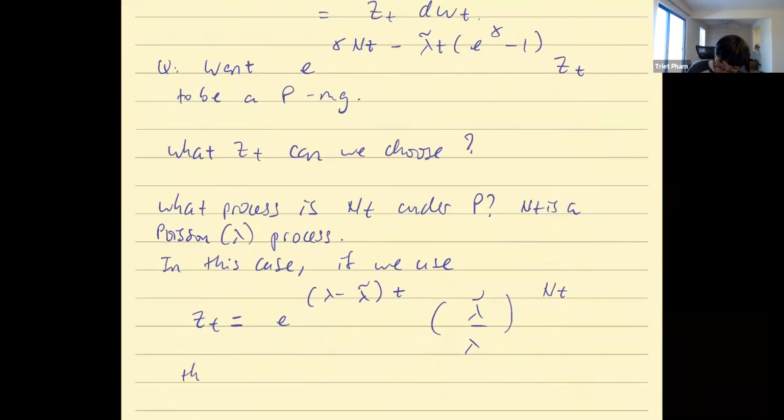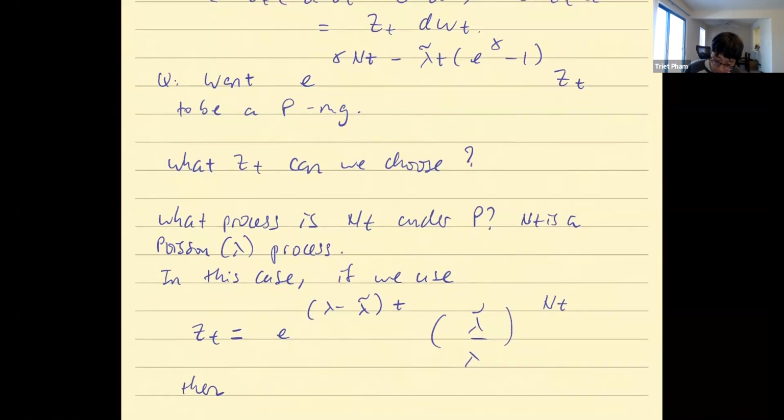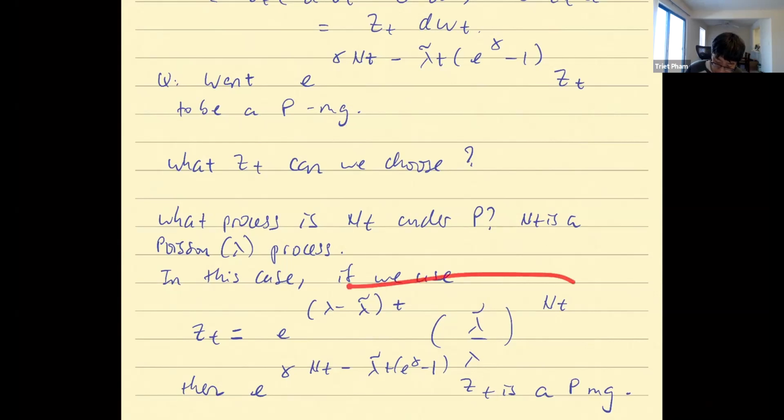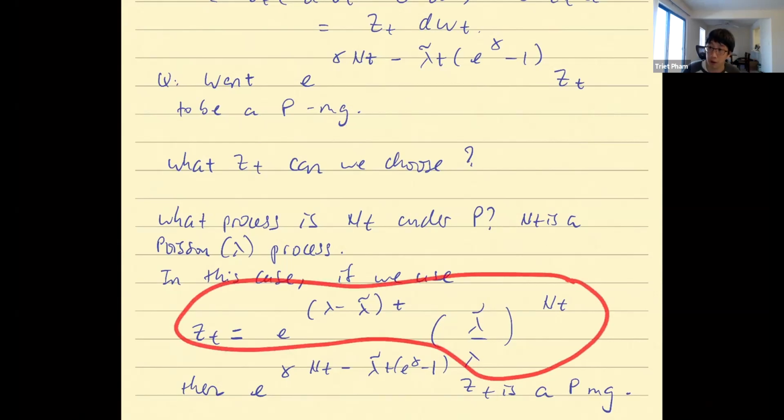Then we have the result that this right here will be a P martingale. So this is the change of measure kernel that we want for the Poisson process.